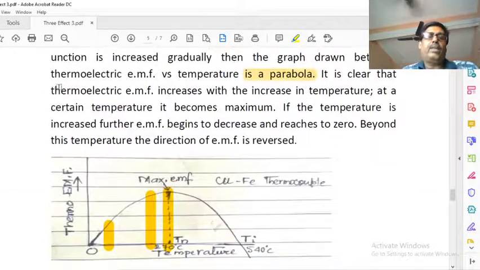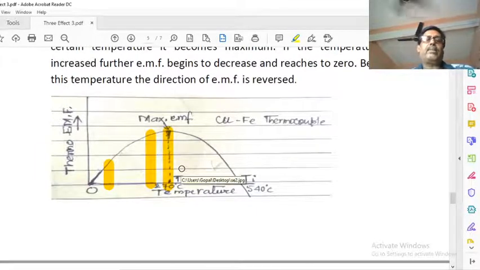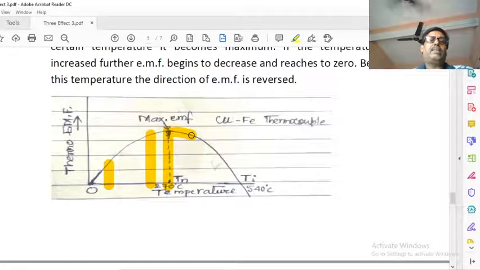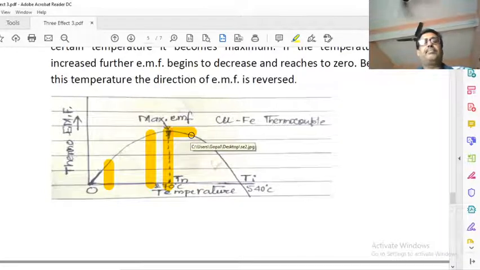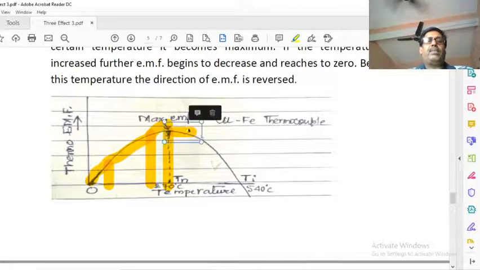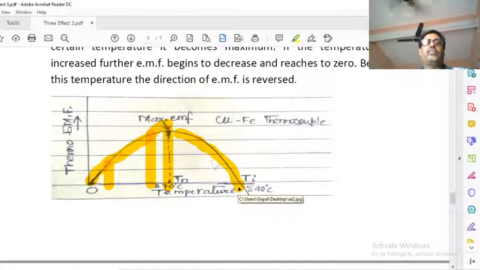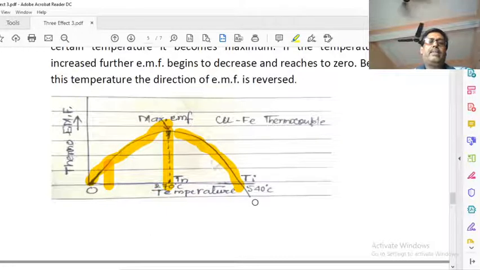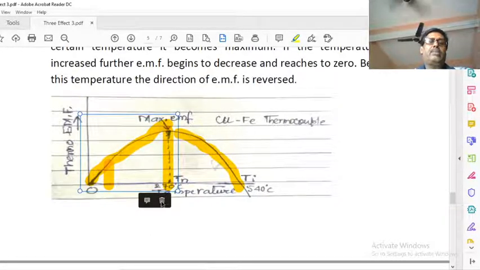Now, if we increase the temperature difference further, or give more heat to the junction, what will happen? EMF, instead of increasing, starts decreasing. It means EMF rises to a maximum and then starts decreasing, and at a certain temperature it becomes 0.